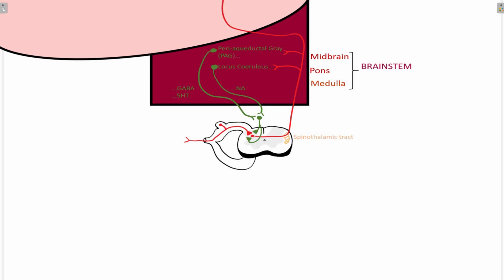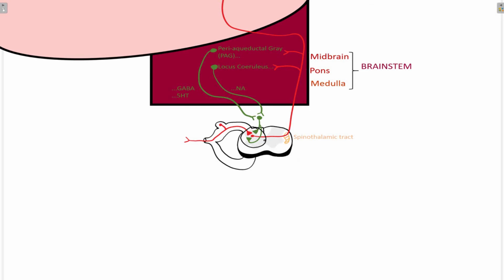Now, these then act to cause the release of the body's own endogenous opioids at that junction between the primary neuron and the next interneuron at the ascending pain pathway.